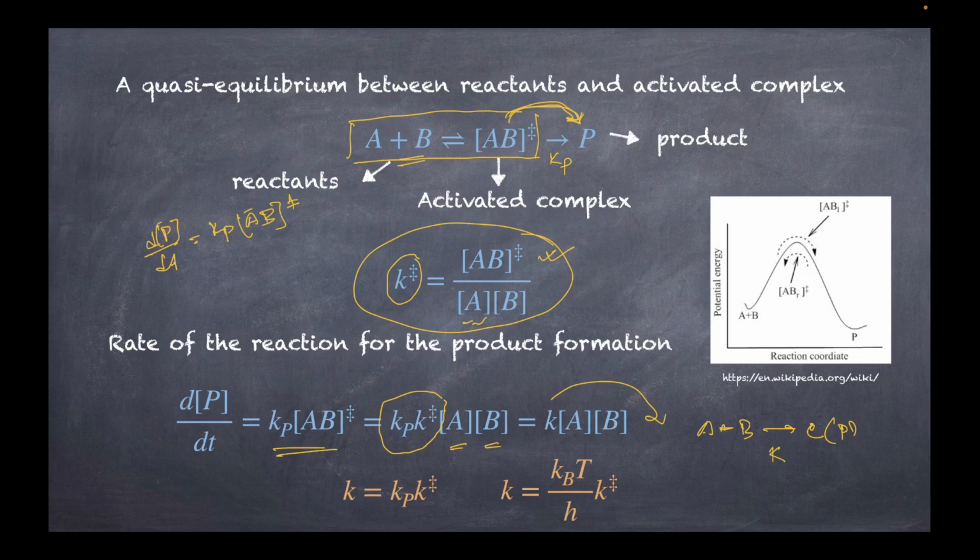Now from statistical mechanics calculation, from the partition function, we can find the expression of kp. I will not go into detail here. So kp will be equal to kBT divided by h. This is kBT divided by h, times K double dagger.